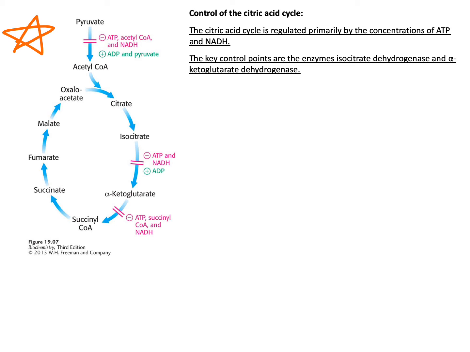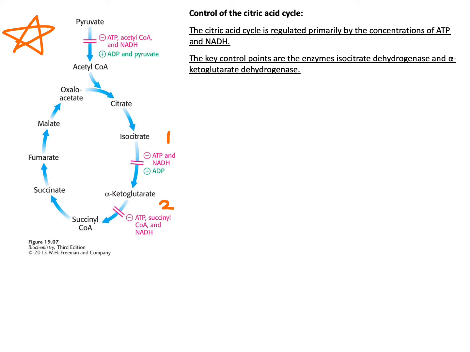We recall that the conversion of pyruvate to acetyl-CoA is inhibited by ATP and NADH and stimulated by ADP and pyruvate. In the citric acid cycle, there are 2 control points. The first one is from isocitrate to alpha-ketoglutarate.